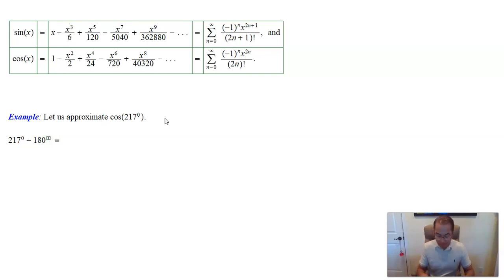Oops, not to the power 8. So I'm just improvising. 37 degrees. That is between 0 and 45 degrees, so we can directly plug it into our series for cosine of x. But first we have to convert it to radians.